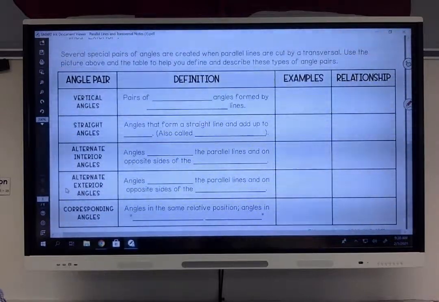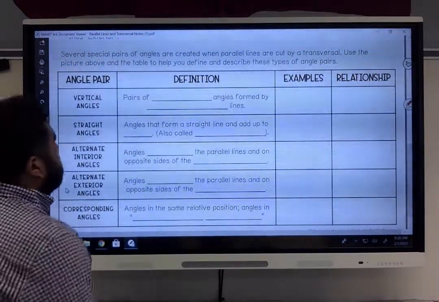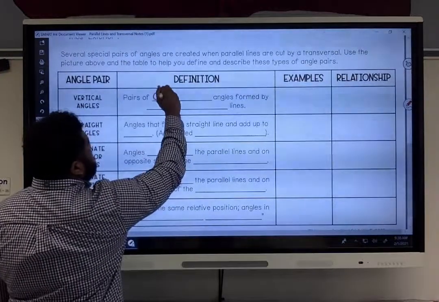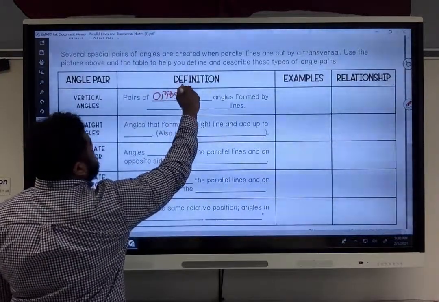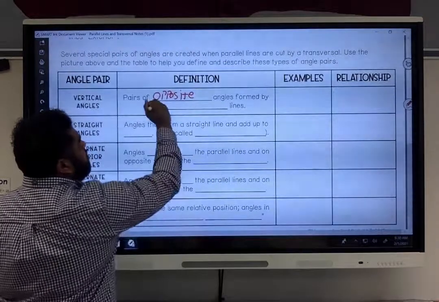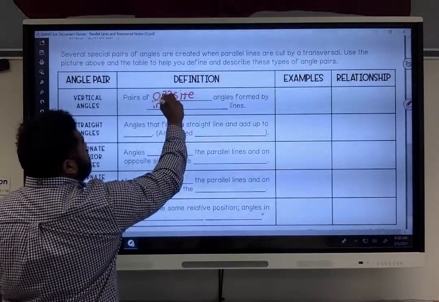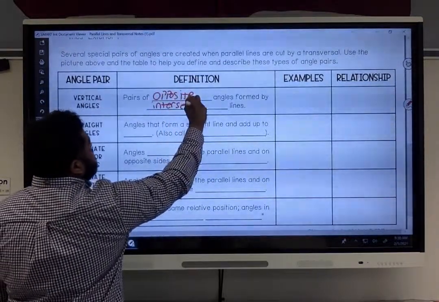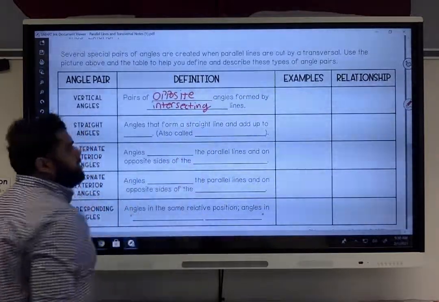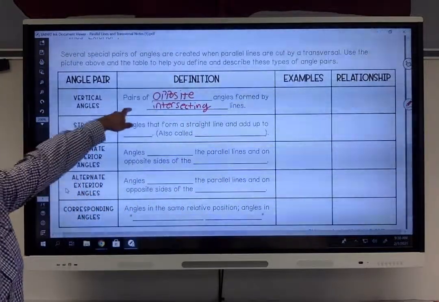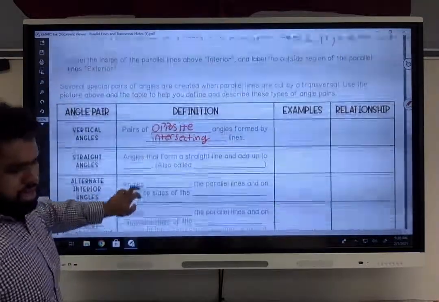Vertical angles are pairs of opposite angles formed by intersecting lines. So let's look for opposite angles formed by intersecting lines.